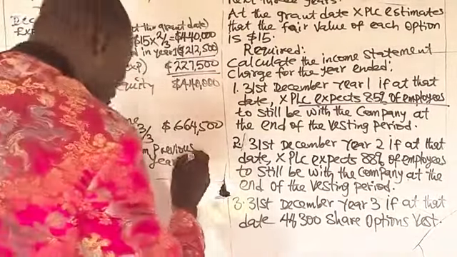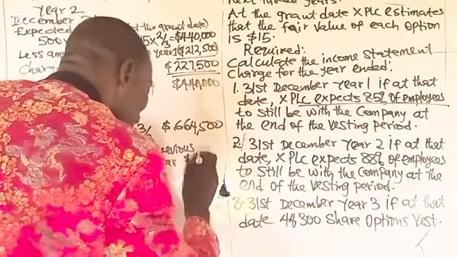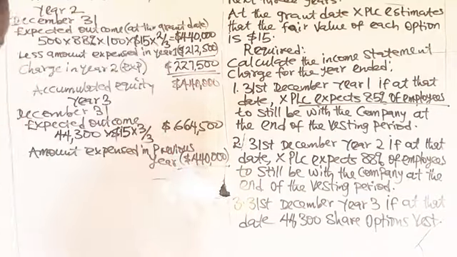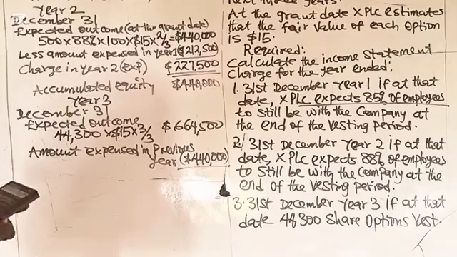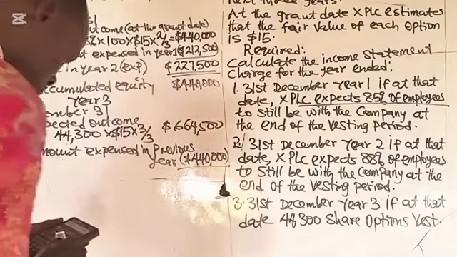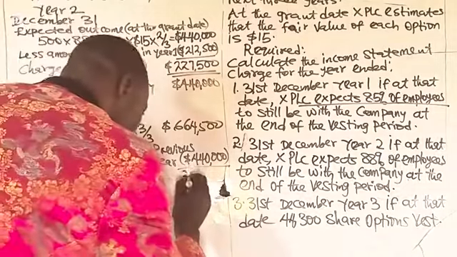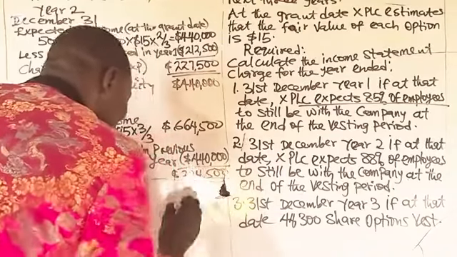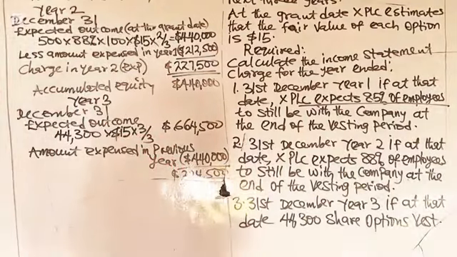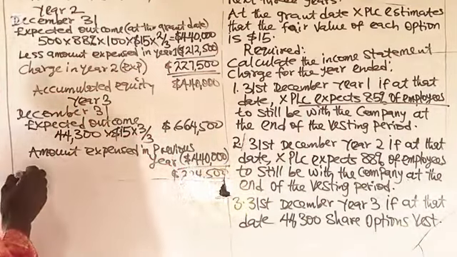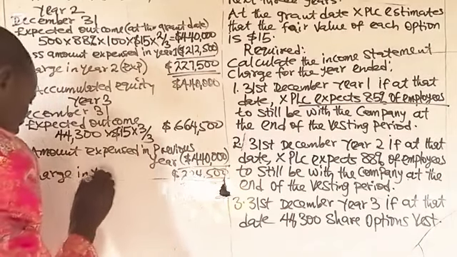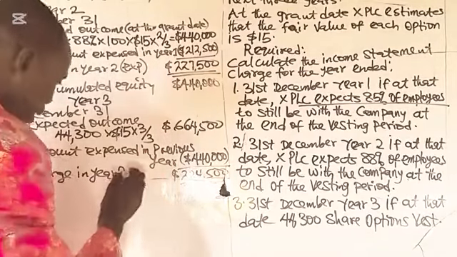So less the 440,000. If you subtract the 440,000 from 664,500, then you'll be left with 224,500. This $224,500 is the amount that will be expensed in year 3. That is the charge in year 3, or amount that will be charged in year 3 as an expense.